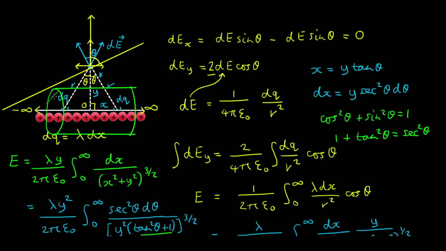And therefore, we had no flux going through the ends of the cylinder. And consequently, the electric field depends on the radial distance from the wire. So in this case, our radial distance is explained by this variable y.